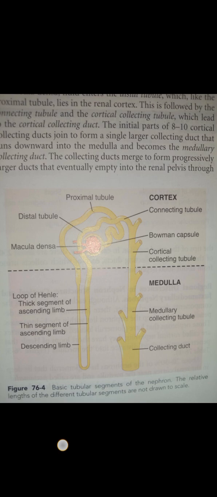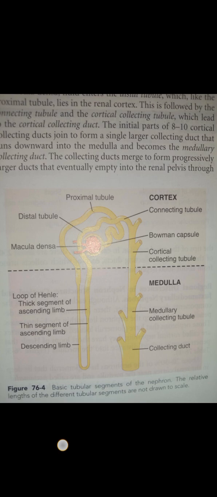Then another picture, a schematic representation of relations between blood vessels and tubular structures and differences between cortical and juxtamedullary nephrons. So in this picture we can see cortex region is there. So afferent arteriole, interlobular artery and vein is there. Cortical nephrons are situated. Juxtamedullary nephron is there.